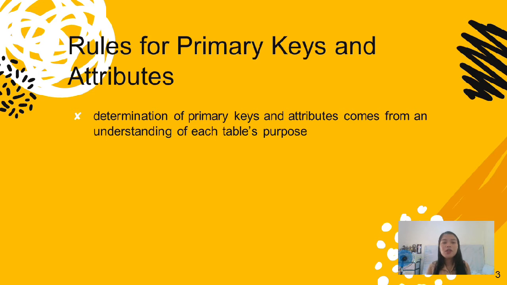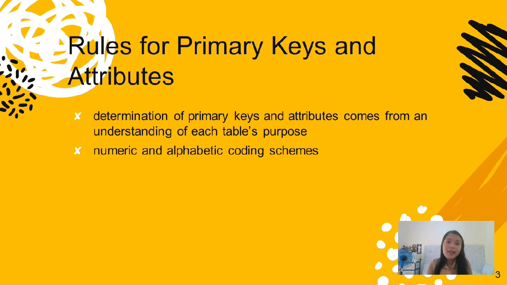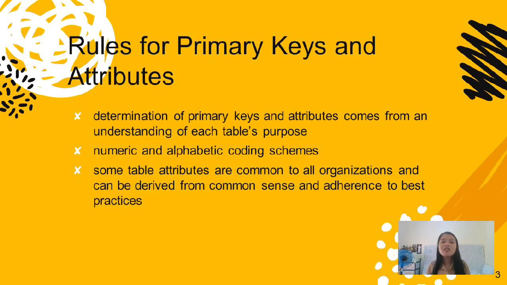Such uniqueness may consider using the different kinds of numeric and alphabetic coding schemes discussed in Chapter 2, like using sequential codes in creating primary keys. The invoice numbers, check numbers, or purchase order numbers are good examples of primary keys in sequential code format. Still, to create an effective primary key, the advantages and disadvantages of various coding techniques must be considered, which were again discussed in detail in Chapter 2.